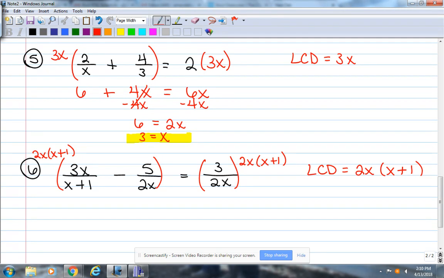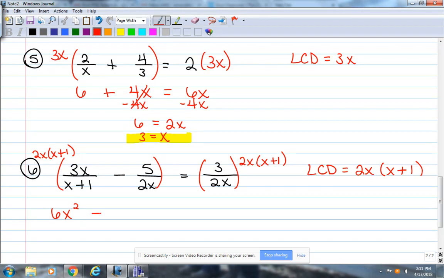Now, what denominator does the first fraction have? The x plus 1, so it just needs the 2x. So what is 2x times 3x? 6x. What's x times x? Squared. 6x squared.